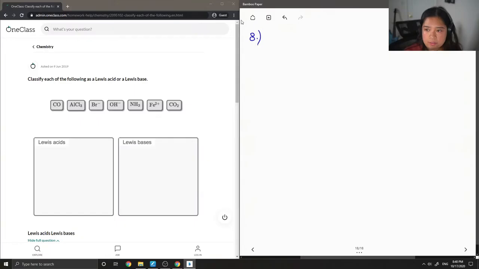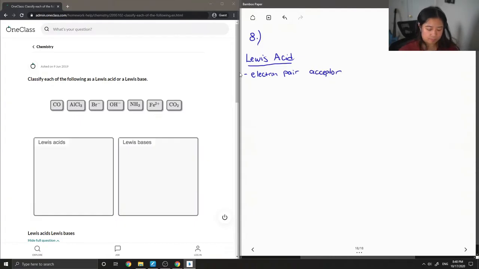Let's write down the definition of a Lewis acid. So basically, a Lewis acid is an electron pair acceptor. And typically these molecules have multiple bonds between atoms.